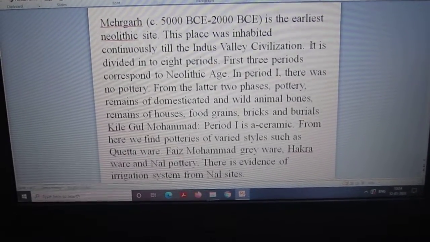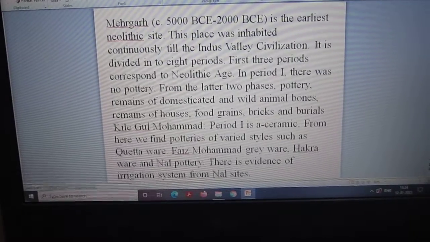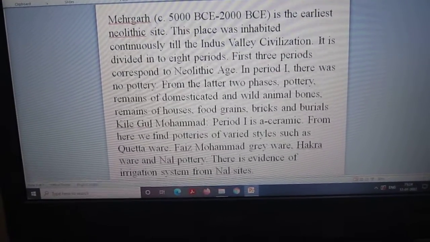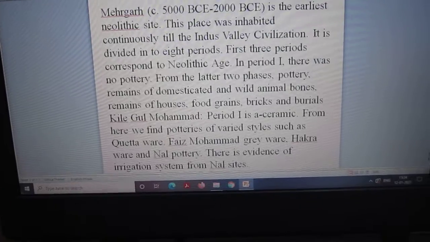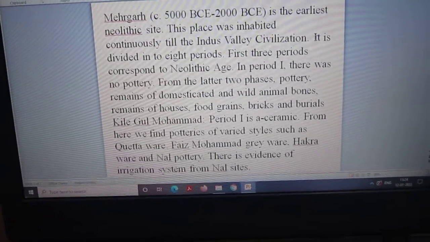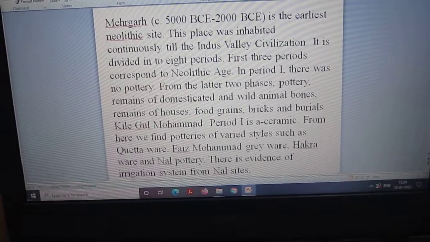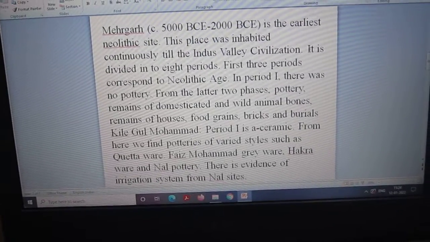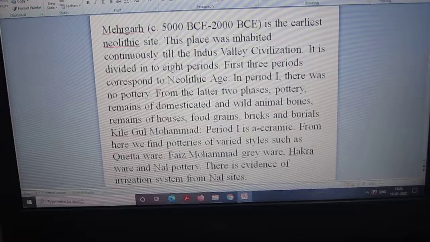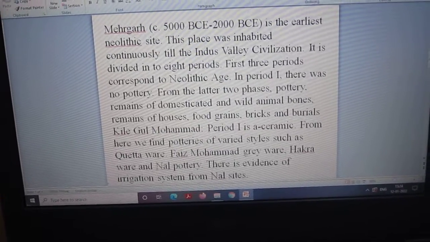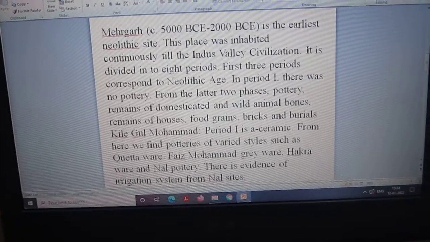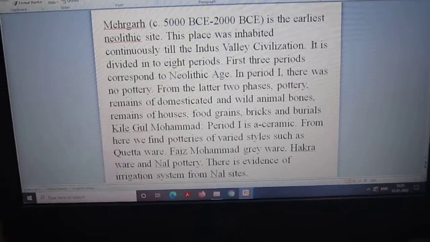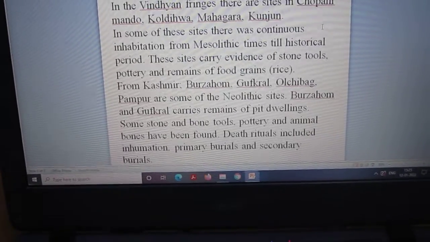The most well-known pottery of Kilegul Muhammad is Quetta ware, Faiz Muhammad grey ware, Hakra ware, and Nal pottery. There is also evidence of an irrigation system from Nal sites. So the findings from Kilegul Muhammad indicate that people were doing agriculture in later phases, and they were also using irrigation technology to facilitate agricultural activity in that region.